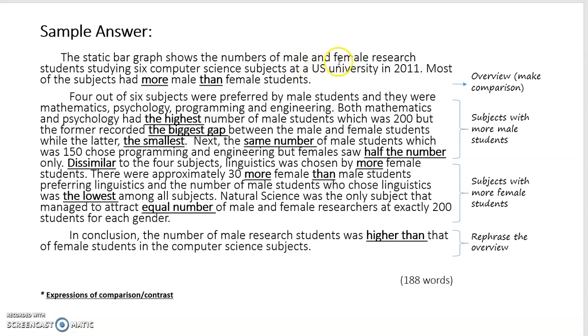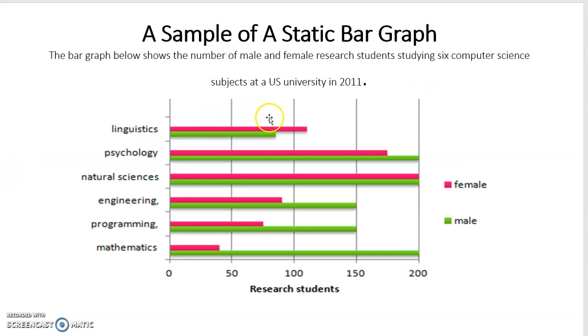Now, the second element that is needed is the overview. So we have here, it says most of the subjects had more male than female students. So we look at the overall of the whole subject. We don't just focus on linguistics, we don't just focus on psychology and so on. We look at the overall.